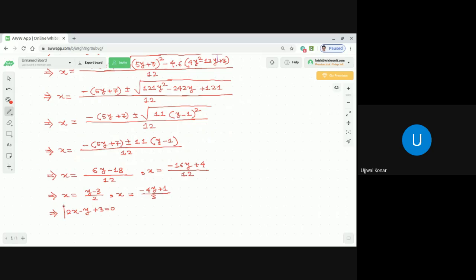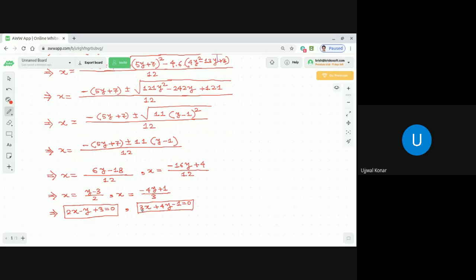This is one straight line. And the other straight line is 3x plus 4y minus 1 equal to 0. This is another straight line.